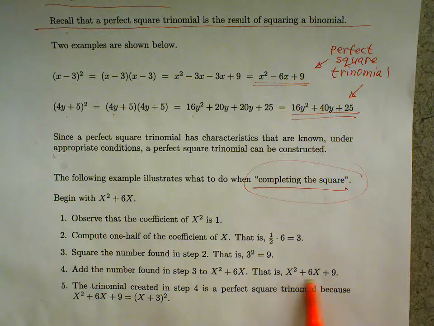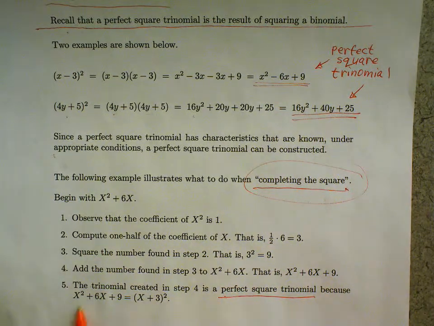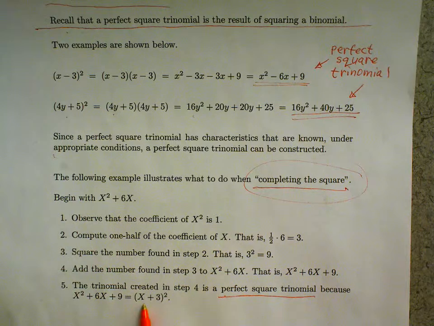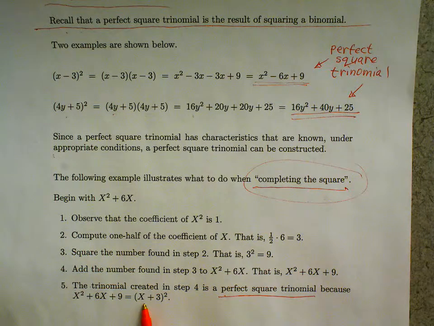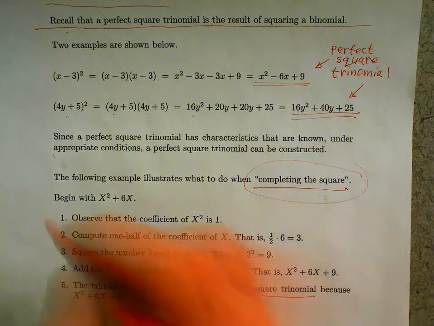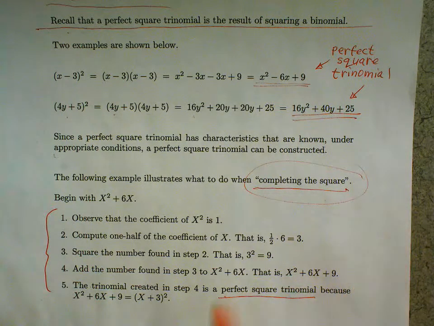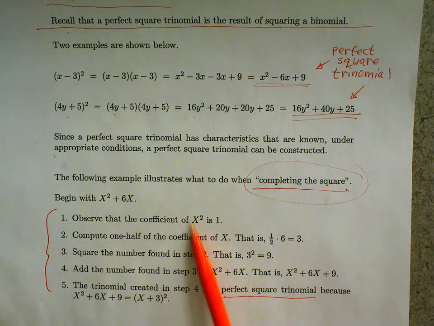X squared plus 6x plus 9 is a perfect square trinomial, because it is equal to the binomial x plus 3 squared. When solving quadratic equations by completing the square, these are the steps that you'll go through.